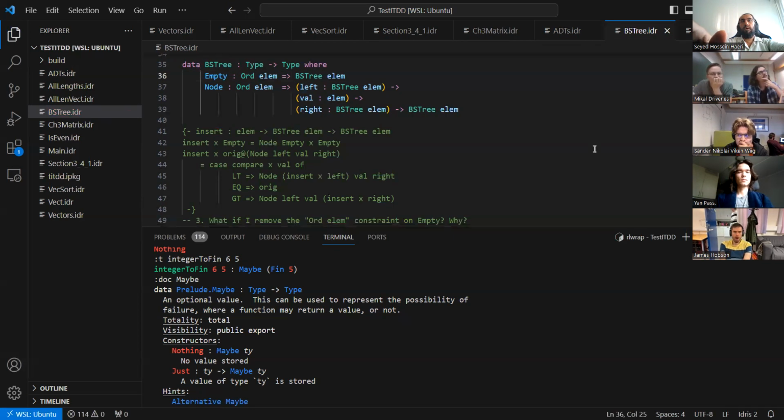Now, why do you think it is that I can do this and get no error message? Why do you think that in the empty case, I can get away with not requiring that LM is ordered? Jan, would you like to?